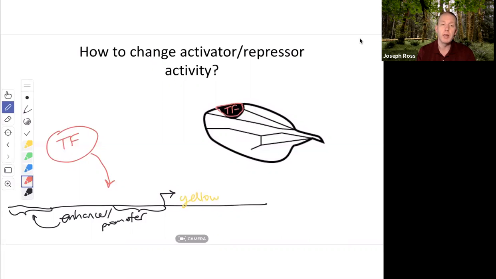So one approach would be to look for transcription factors that have the same protein expression pattern as the genes and proteins they regulate. So if yellow, for example, is only produced in this spot, we would expect to find maybe a transcription factor that itself is only expressed in that spot.